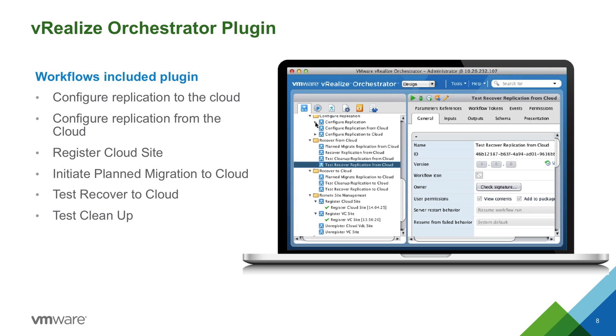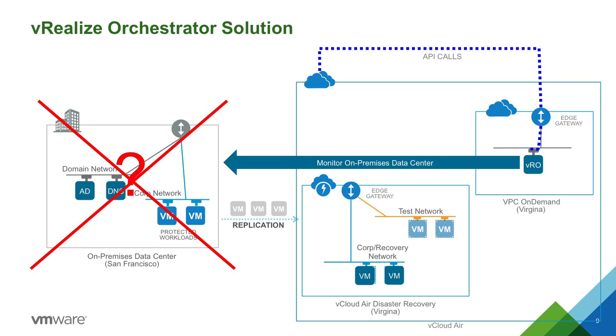Then you configure with vRealize Orchestrator trigger points that allow you to actually run these workflows in the event of a particular scenario. So when we look at the vRealize Orchestrator solution and how we can automate an end-to-end disaster recovery solution, what we can do is leverage the similar concepts that we spoke about with Active Directory and DNS in a virtual private cloud on demand.